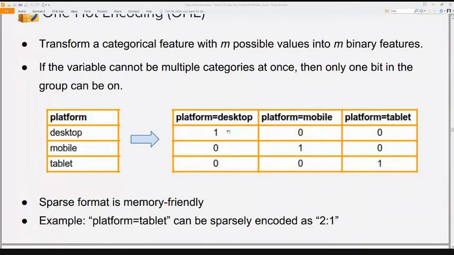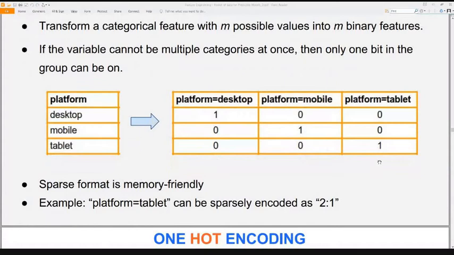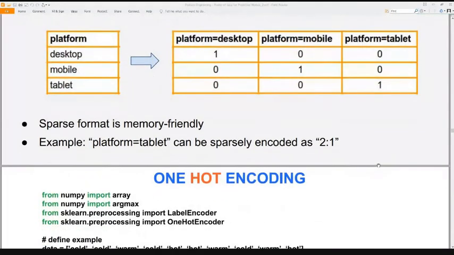First year, it was a desktop, 1. Then it's not a mobile, it's not a tablet. Second was a mobile, so 0 on desktop, 1 on mobile, 0 on tablet. This was a tablet, so 0 on desktop, 0 on mobile, 1 on tablet. Is it understandable?